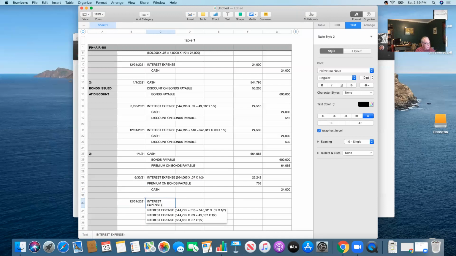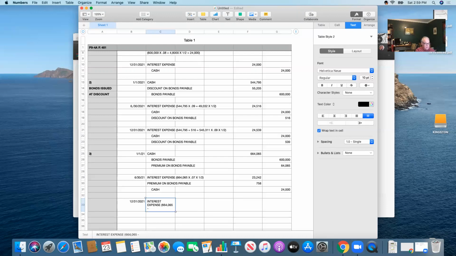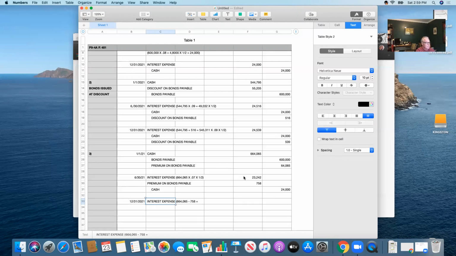And we're going to calculate the new carrying value, 664,065 minus this time 758. $664,065 minus 758 is 663,307 times the market rate, 0.07 times 1/2.